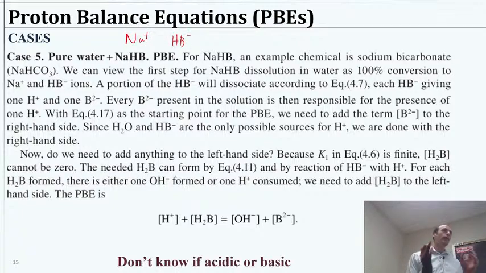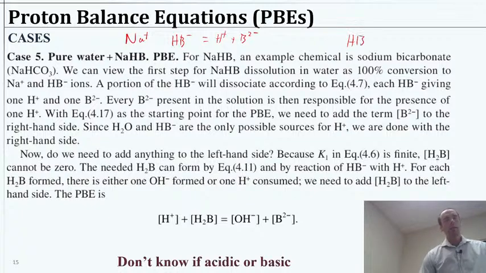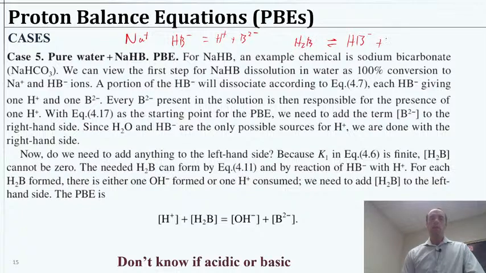And so from that condition, from HB minus, we can have this in equilibrium with H plus and B2 minus, or we can have HB minus in equilibrium with H2B and a proton.